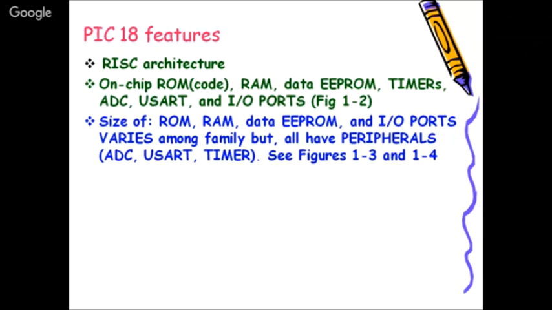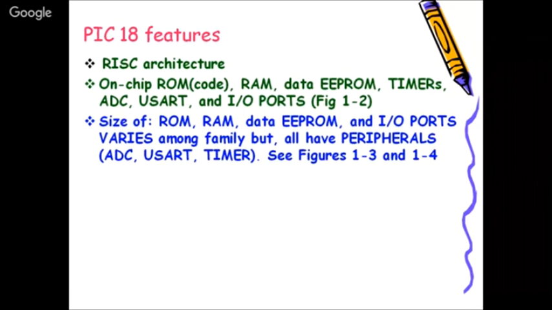Then there is also data EEPROM. 16 banks, 2 to the power 4. Yeah, 16 banks, or 2 or 3 or 4, depending upon the family that you are using, because in every PIC family you will not have 4 kilobytes.